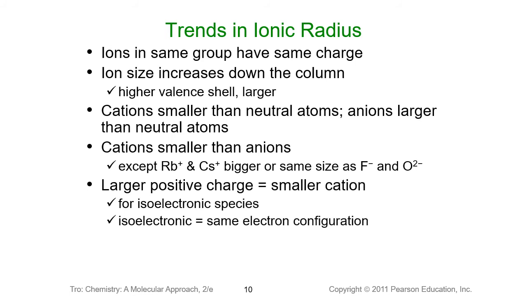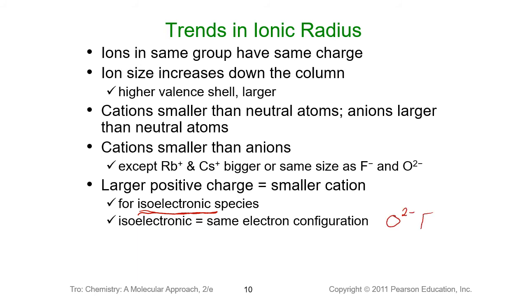If we have a larger positive charge, that means that we have fewer electrons for the number of protons in the nucleus, and so they're going to be pulled in towards the nucleus tighter. So the larger positive charge means that we have a smaller cation. This is for isoelectronic species. Isoelectronic means that we have the same electron configuration, because everything wants to be like the noble gases.